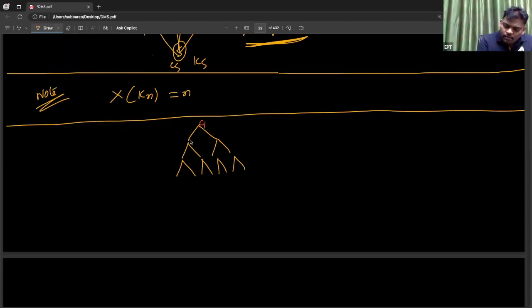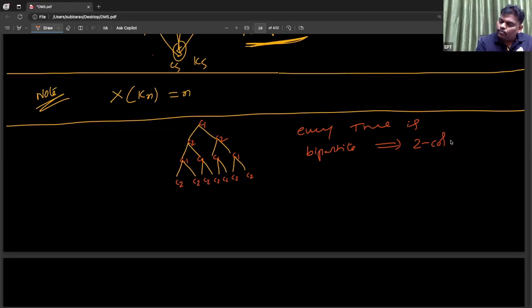This is C1, this is C2, again these are C1, again C2. So every tree is bipartite, so 2 colorable. Nice point. Thank you.